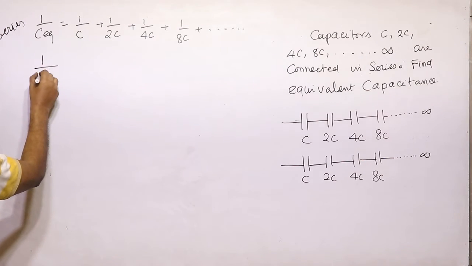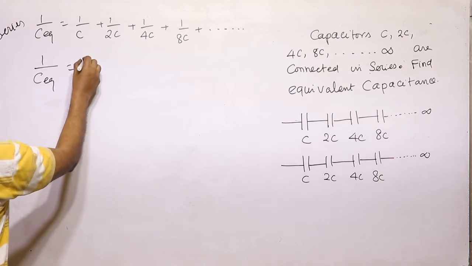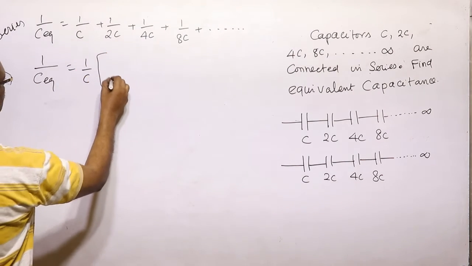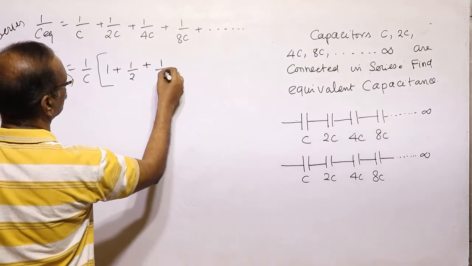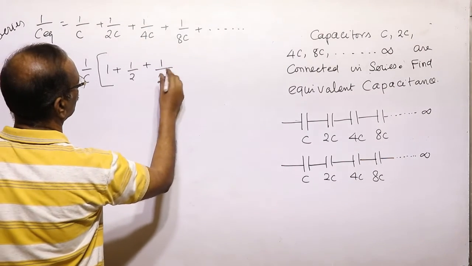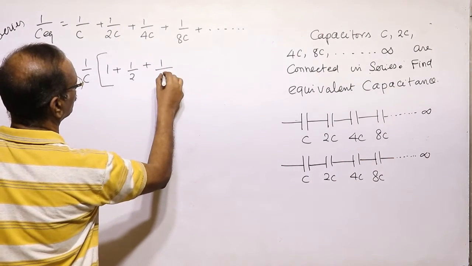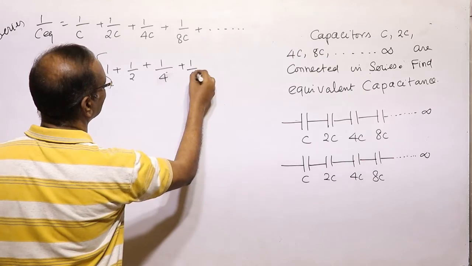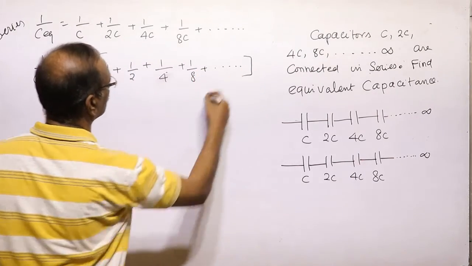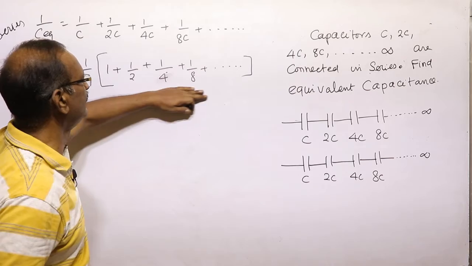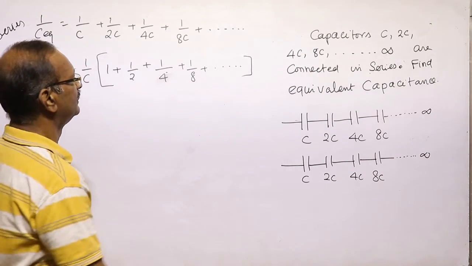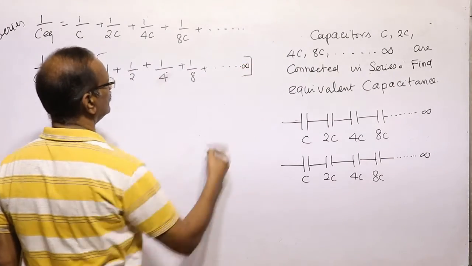So 1 by C equivalent is equal to, if you take 1 by C out, 1 plus half plus 1 by 4 plus 1 by 8 plus and so on. This forms an infinite GP series.